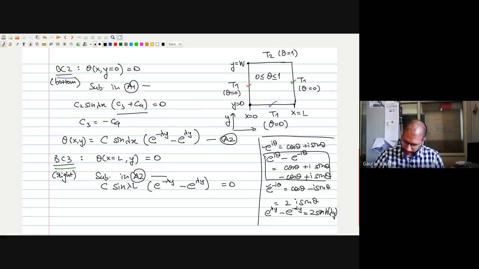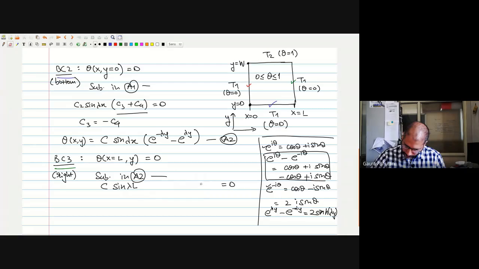What we see is that I can replace this as twice sine hyperbolic lambda y, but we have to have a negative sign here because we had a minus e to the minus lambda y first.